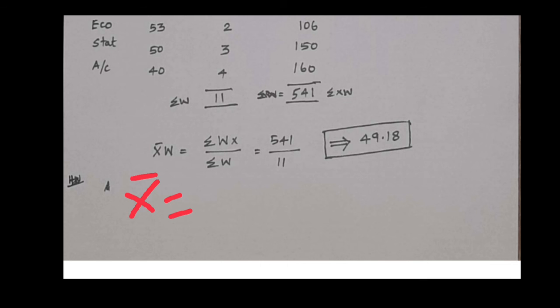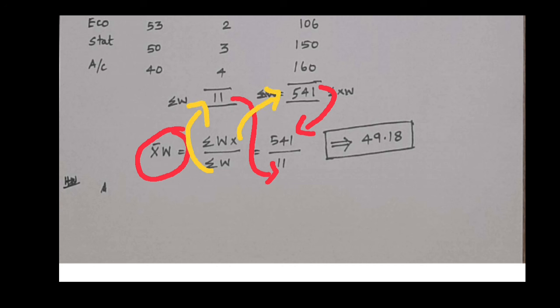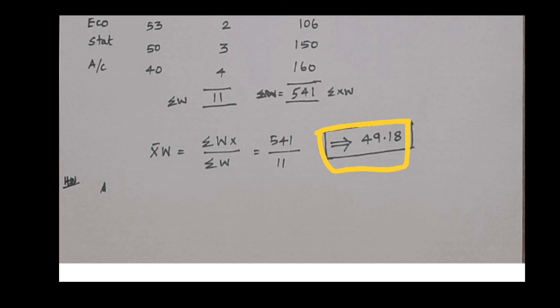Here 541 is sigma wx and 11 is sigma w. When you divide these, the answer comes as 49.18. This is the last solution.